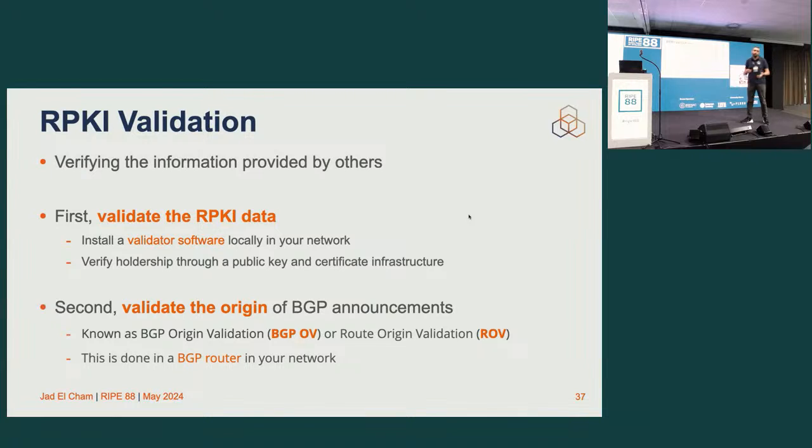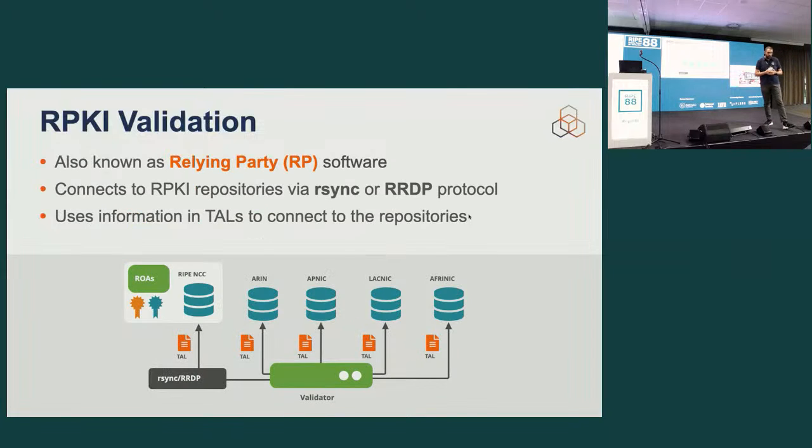Either the information matches, and that's a good thing. Or there's an information mismatch, and that's a bad thing. Or, let's say, I'm peering with Andre. Andre sends me something, but I don't find information related to these IP addresses in the ROAs. That's the third scenario.